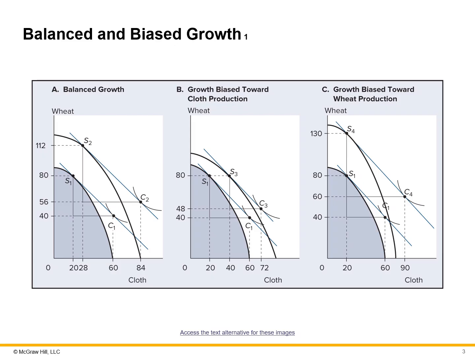When you look at the growth bias towards wheat production, this is where you look at the third curve. So you're asking, which one of these is the most productive? This is the way we graph it out to look at it. And you can see that there is a bias towards cloth at some point.